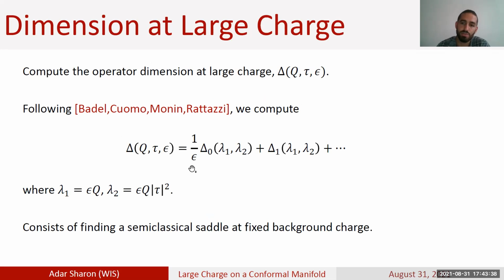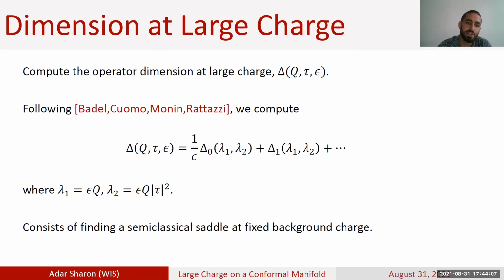So we have terms in orders in epsilon, and each term is a function of these 2 double scaling parameters, lambda1 and lambda2. So in the original O(2) model, there was only 1 double scaling parameter, this epsilon times Q. But since we also have an exactly marginal operator tau, we also have another double scaling parameter. We're going to focus on this double scaling parameter because this one tells us what happens as a function of tau as we cross the conformal manifold.